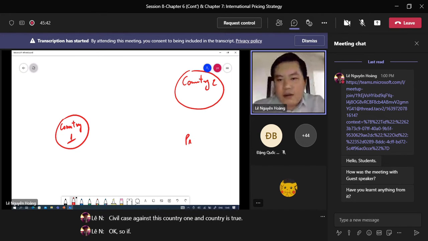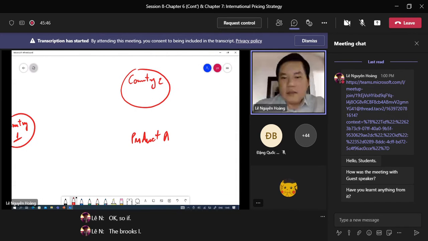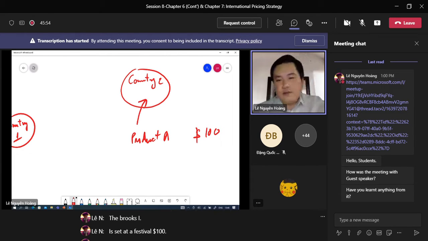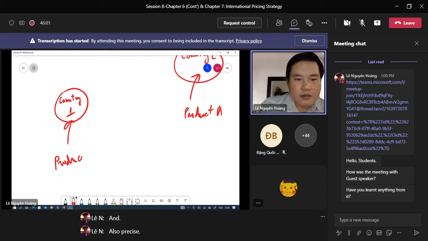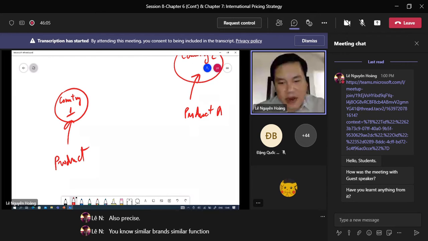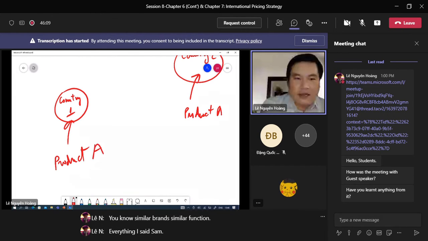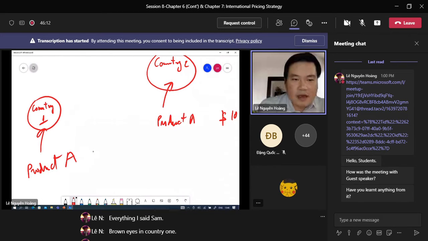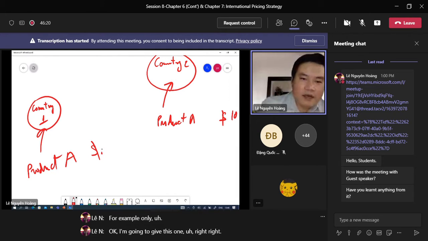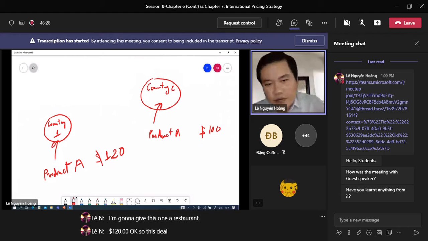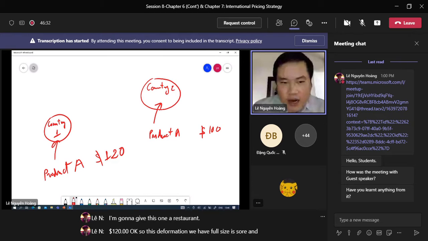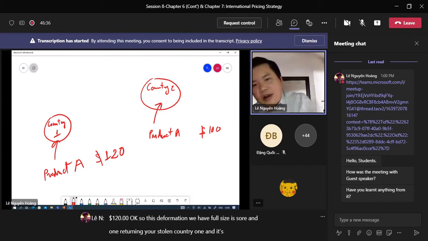If box A is set at, for example, $100 in country 2, and also product A, with similar brands, similar functions, everything exactly the same, in country 1 is, for example, $120. So this is the information we have. Product A is sold at $120 in country 1, and is sold at $100 in country 2.